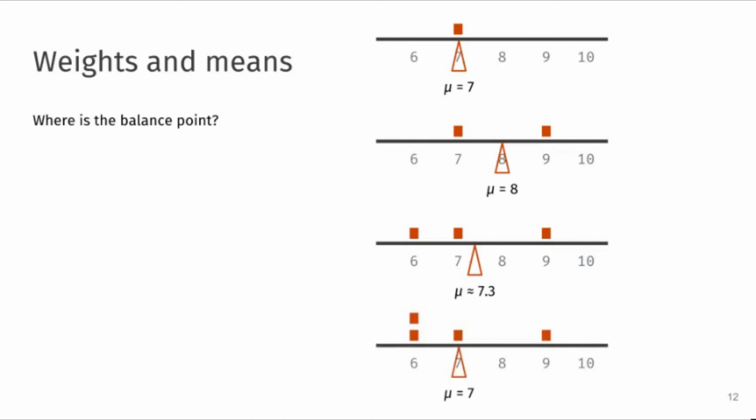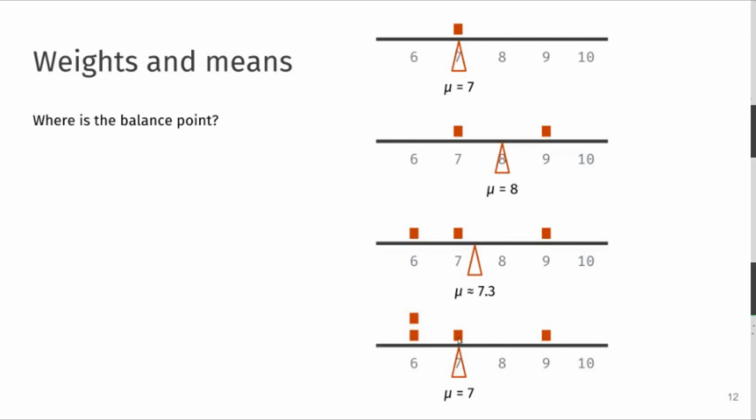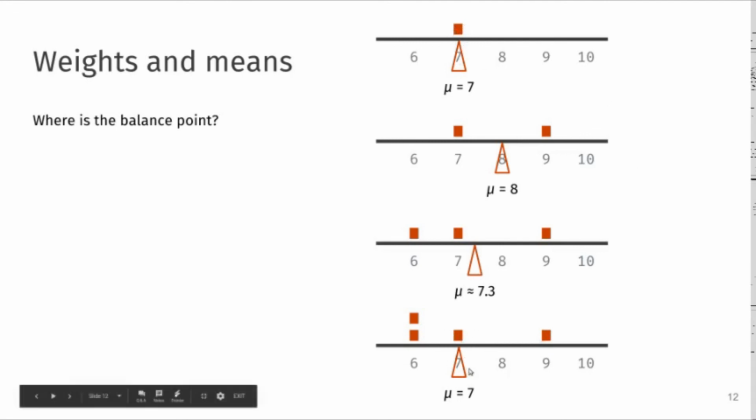Finally, we can nudge that mean back towards 7 one more time if we have a second observation of a score of 6. So you'll notice here that the mean is equal in the very first case and the very last case, but the set of observations that we use to compute it is rather different.